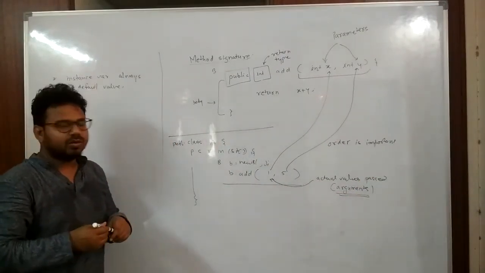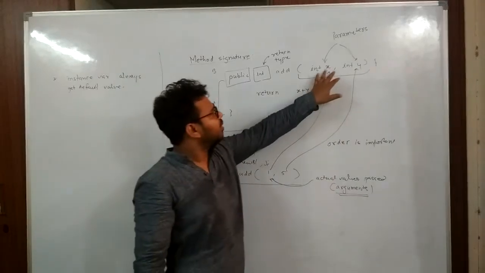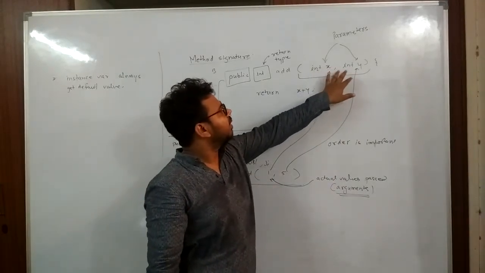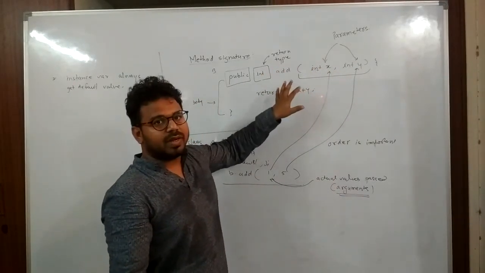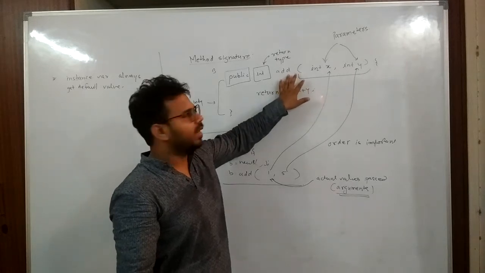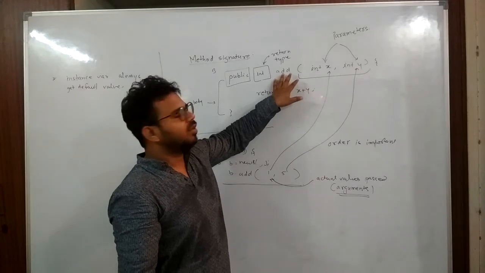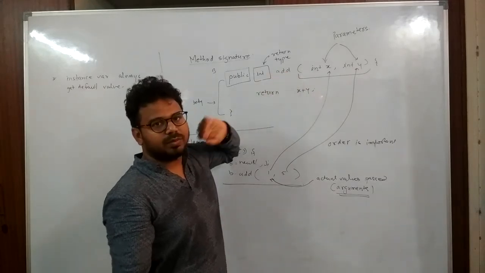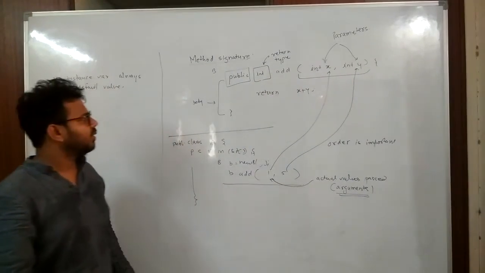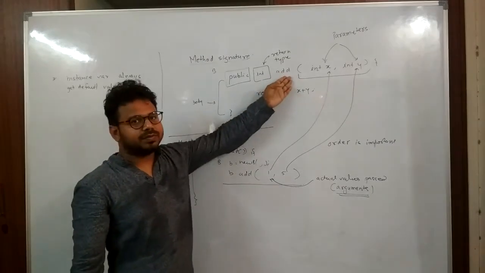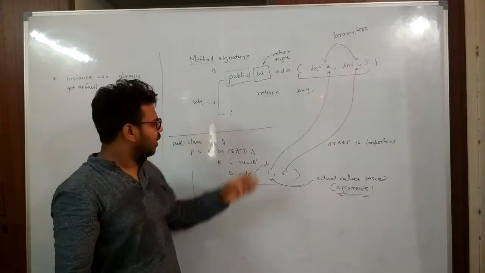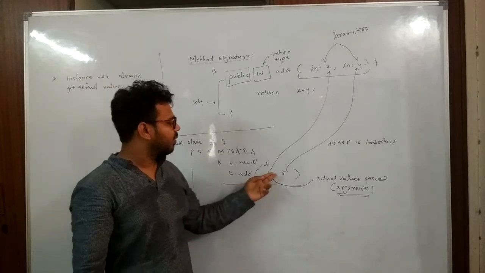So I think you got the concept that parameters are the variables that are used to define a method, that is, they are defined during the method declaration. So here is your method, and now you are calling this method by passing the values 1 and 5.